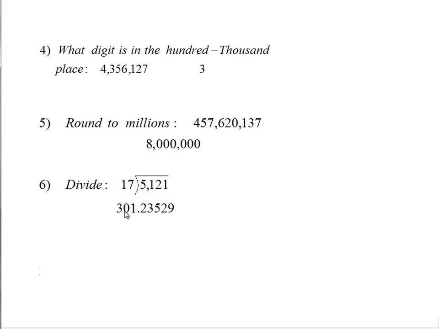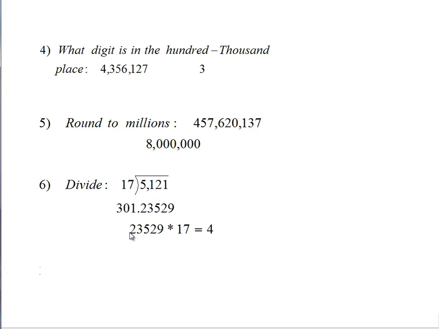Divide. Take your calculator, type in 5121 divided by 17, and you'll get a whole integer and a decimal. 301 point something like 23529. Carry out about 5 decimals. Then, if you want to turn this back into a fraction, take this decimal part and multiply by 17. So I'm going to take 0.23529 times 17, which is 4.